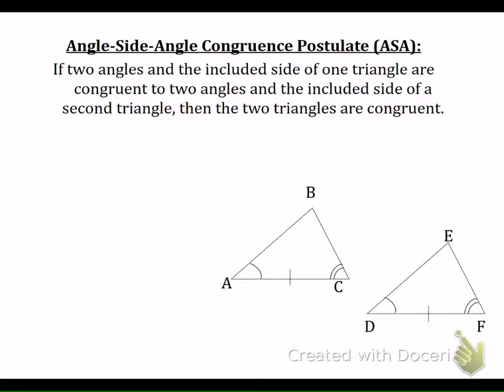So here's a good diagram of what this is going to look like. So it has to be the included side. So you have an angle, then this side, then another angle, and it matches up, it's congruent to an angle and then a side and then another angle. So go ahead and label those triangles in your notes.